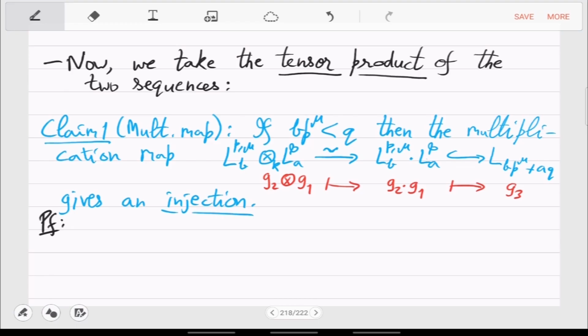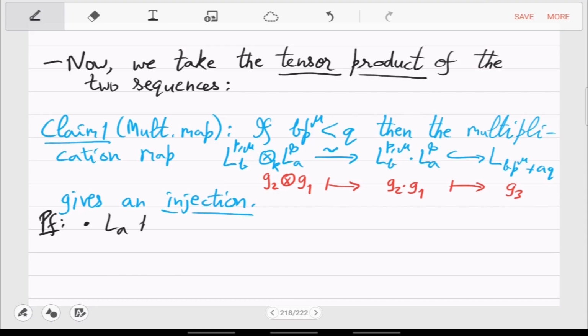For that we need the assumption that Q is large. Why will that suffice? Yeah, this is a tricky proof. It's not immediately clear what the connection of this injection with Q being large is. But you will see very soon that Q being big is critical in fact.